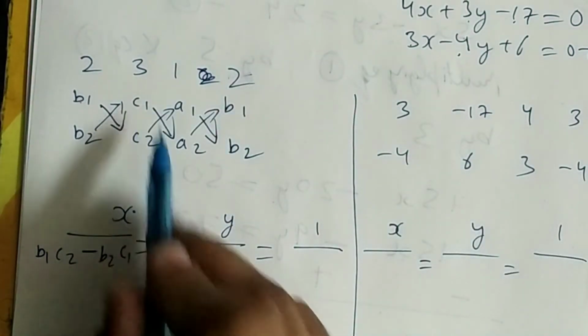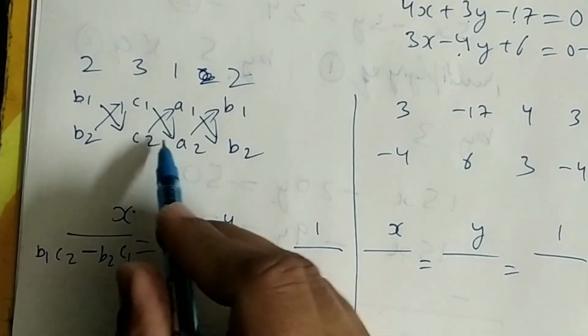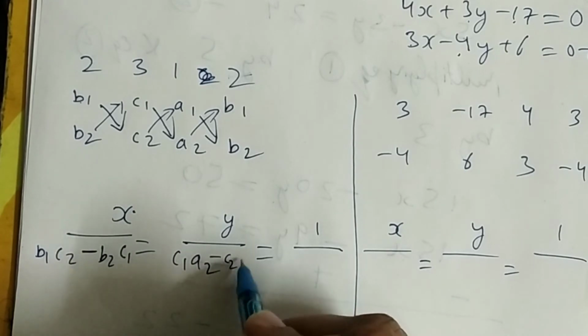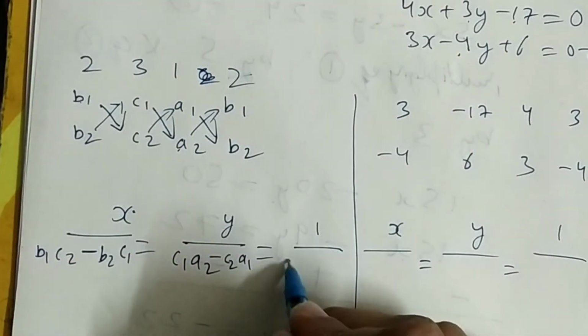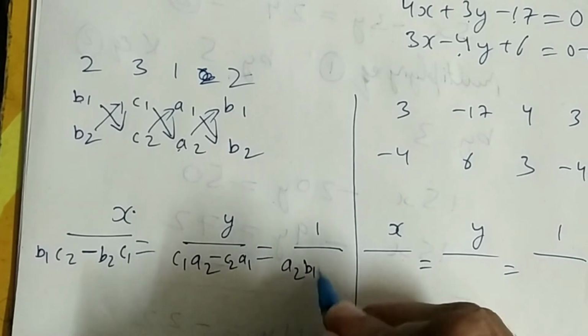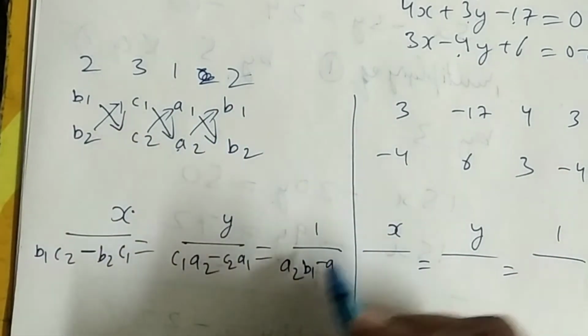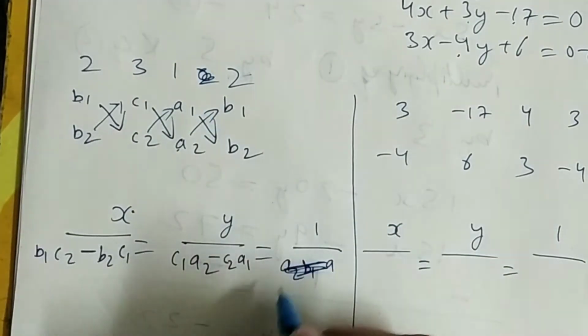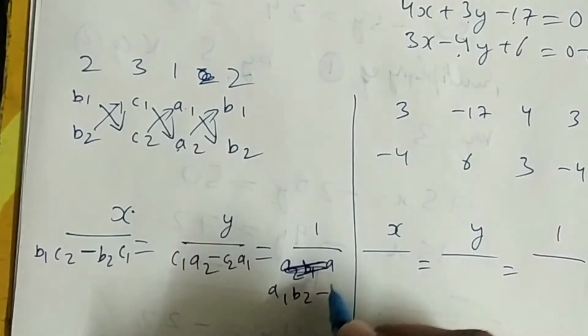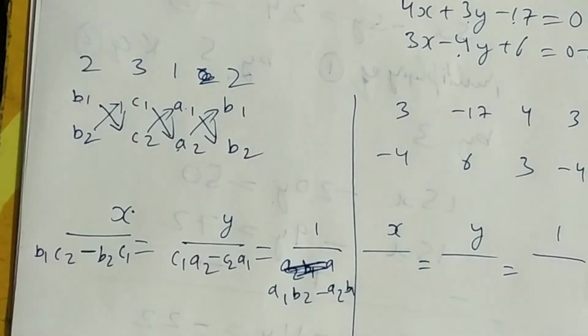Then we have to multiply c1 with a2, minus c2 a1. Then we have to multiply a2 b1 minus, we have to start from here, a1 b2 minus a2 b1.